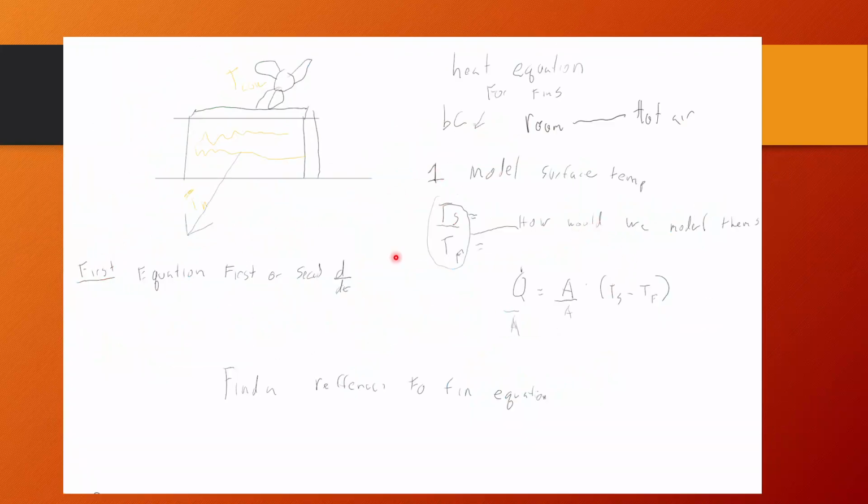To spare you the effort, the equation boils down to this. You have the difference between the temperature of the surface and the temperature of the fluid around the fins, which in our case is air. And then you have the area of the fin, which gives you the amount of energy that can be pulled off by the fin.